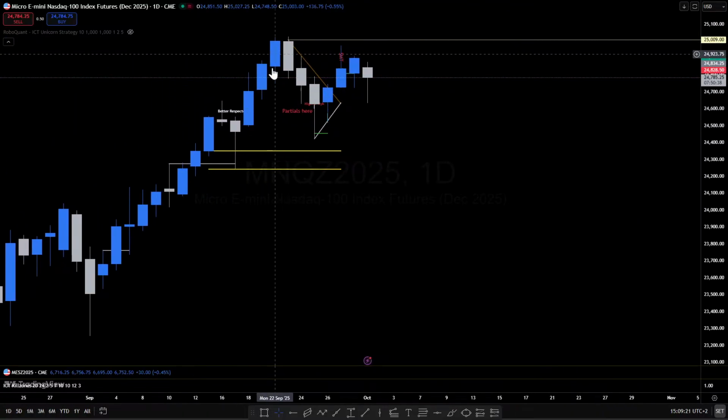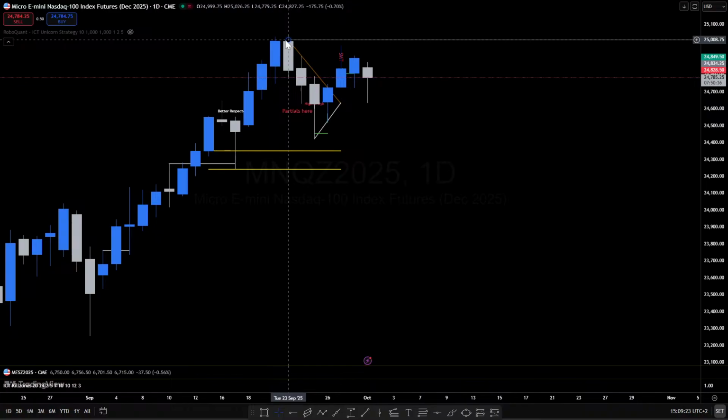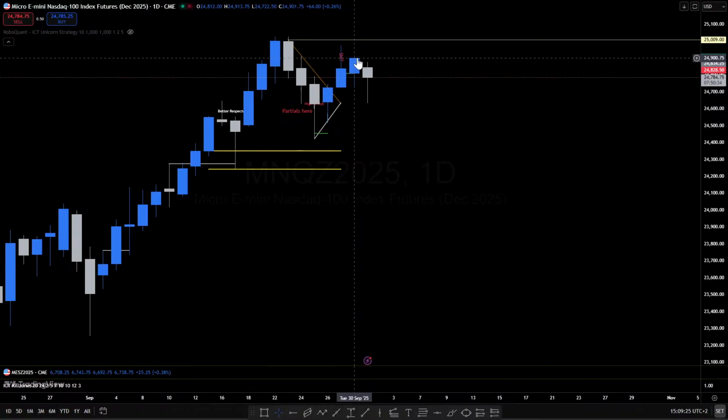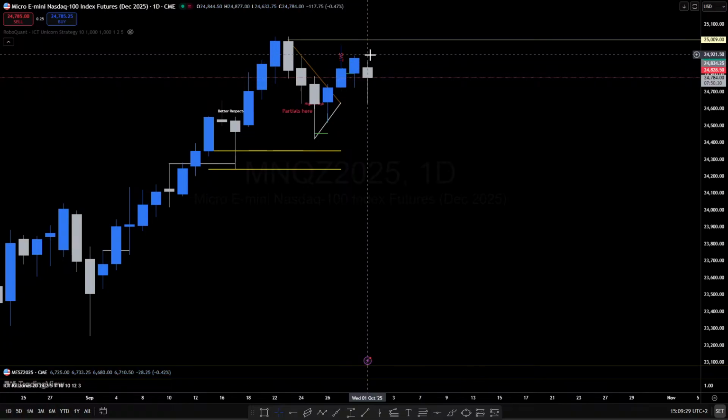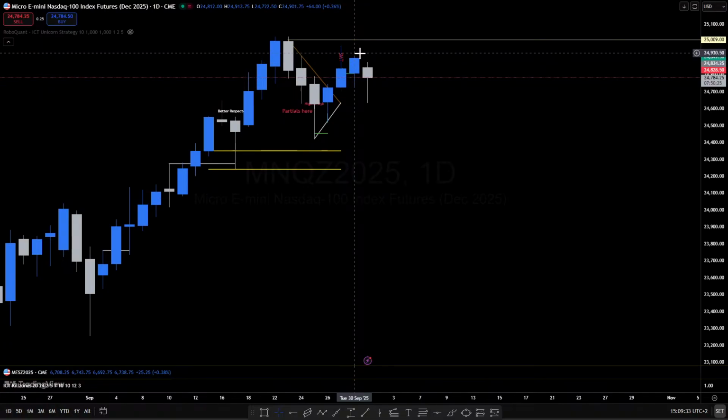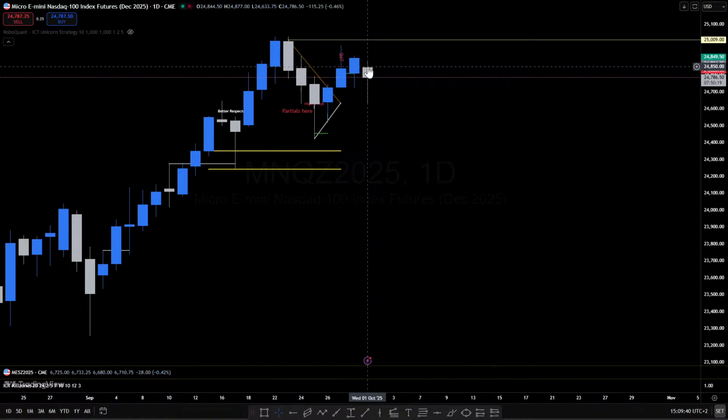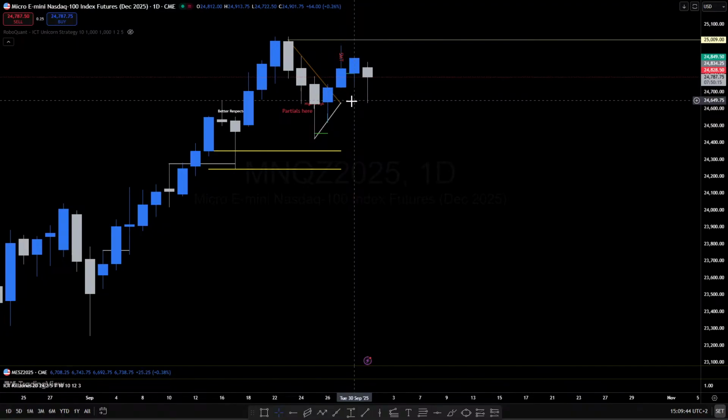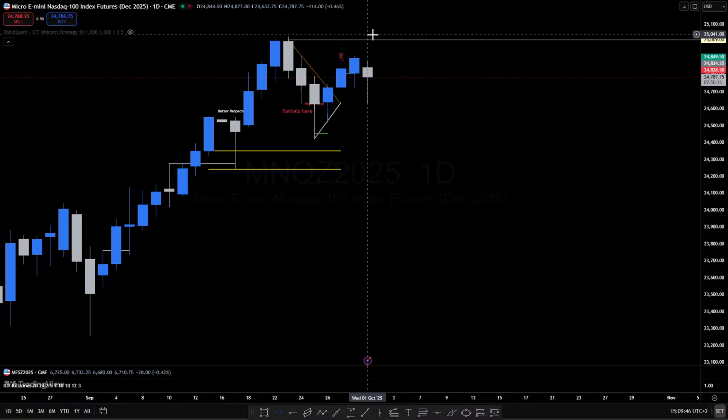On the day, it went up, crossed down, then went up again, and failed to make another high of the day. For today, it made the low of here. So for now, I think it might just come up and then continue to break up above.